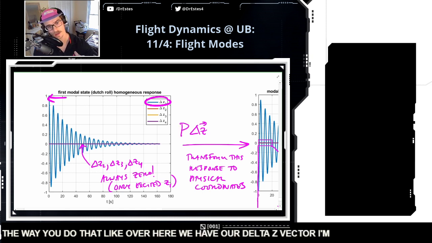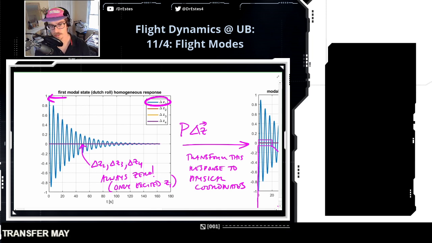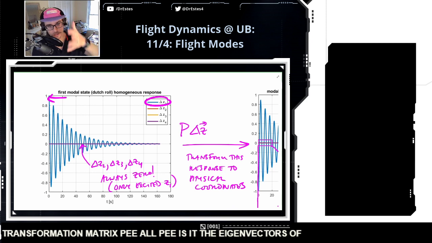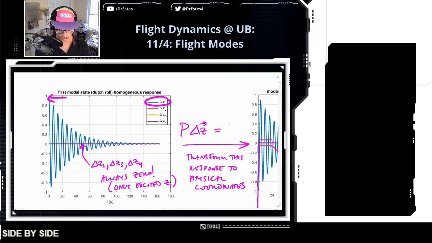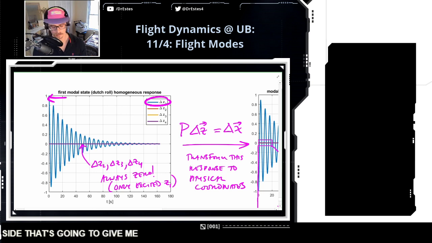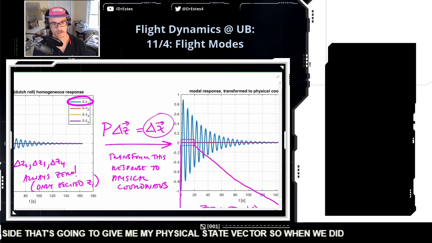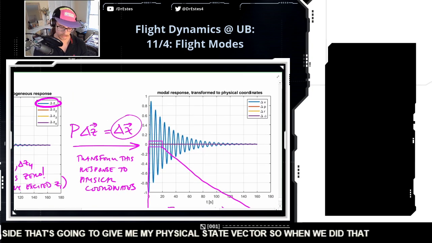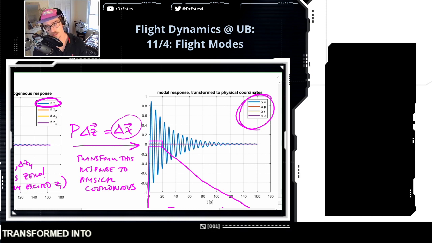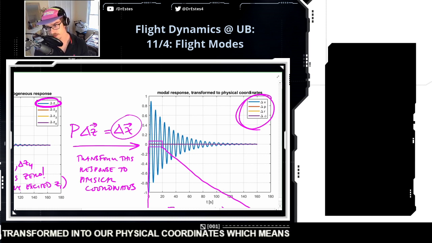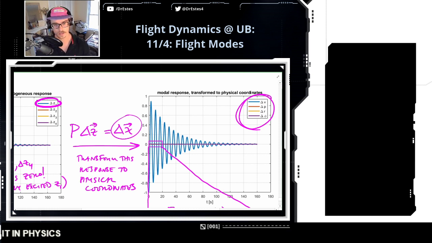I multiply that by my transformation matrix P. All P is, it's the eigenvectors of your A matrix stacked side by side. That's going to give me my physical state vector. So when we did that, now we transformed into our physical coordinates, which means something to us. We can see it in physical space.